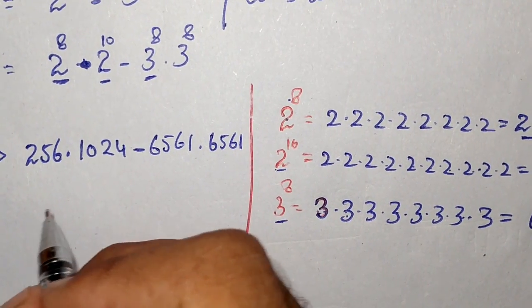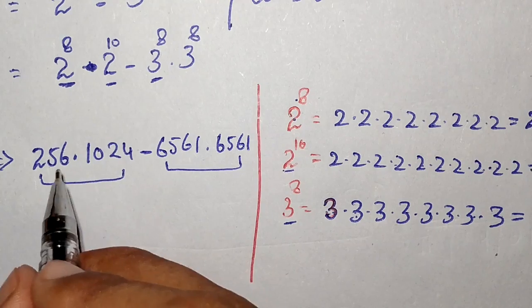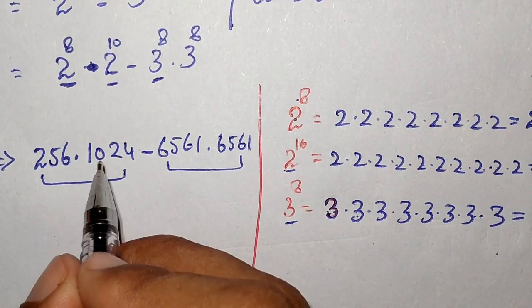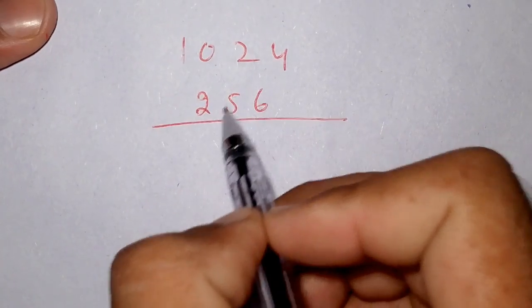Now in the next step, we have to multiply these two numbers and these two numbers, and then subtract them from each other. So first of all, we have to multiply 256 with 1024. So we have to multiply 1024 with 256.